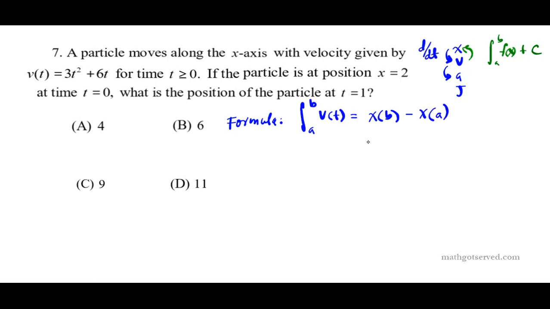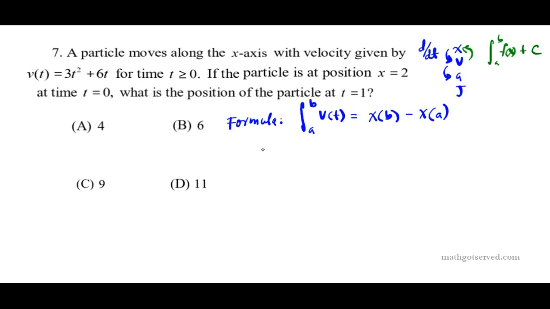This is the formula that we're going to be using to find the position at t equals 1. In our case, for number 7, a is going to be 0 and b is going to be 1.